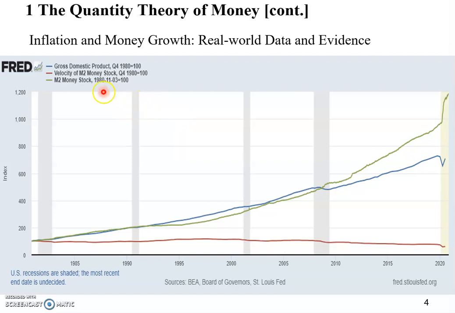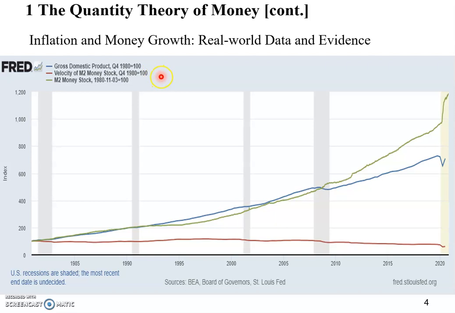The first piece of evidence is what I pulled out from FRED, the Federal Reserve Economic Database. You see three variables which we put on the figure. The blue curve shows nominal GDP.